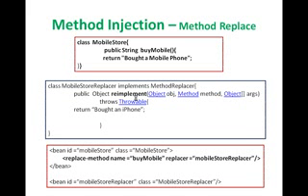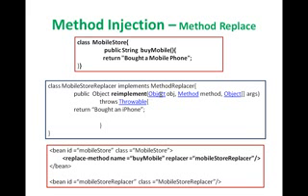Let us talk about this with an example. I have a class known as mobile store, you can see that, and I have a method known as buy mobile. You can see I have a normal statement, returning the string bought a mobile phone, but I want it to return an iPhone.